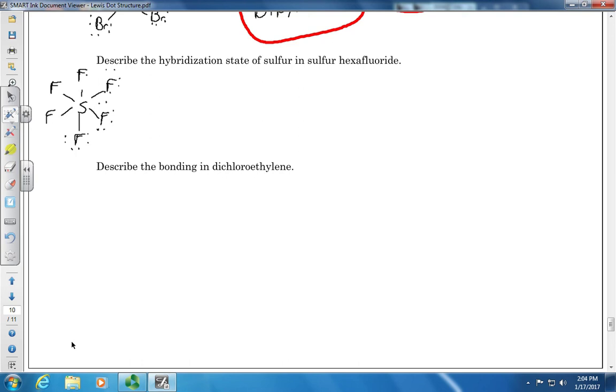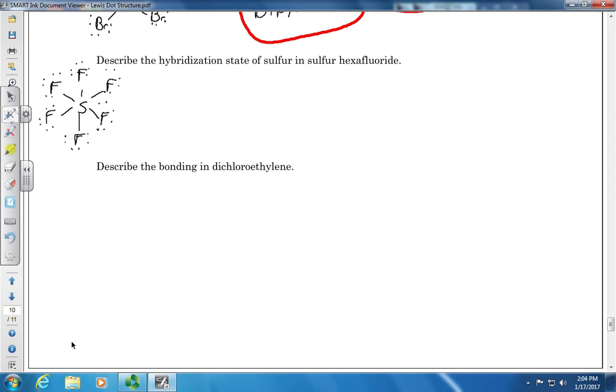Because the first thing when you see this many bonds to a single atom should be, can it have an expanded octet? Because if it can't, then you just need to reconfigure the molecule so that it fits properly. But you have to use all the electrons, and if it needs that expanded octet and it is allowed to have it, that's fine.